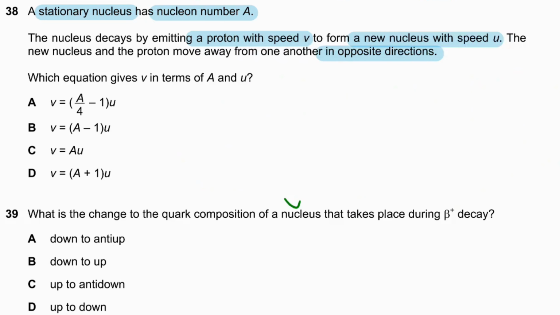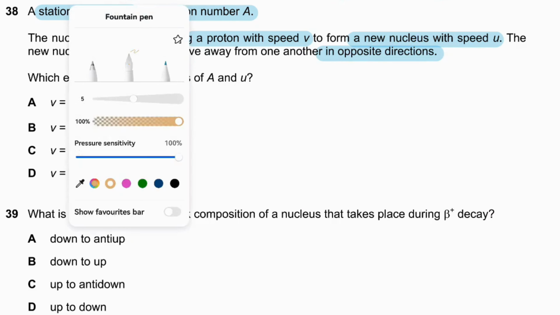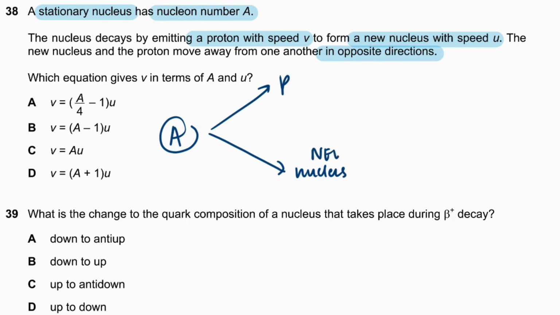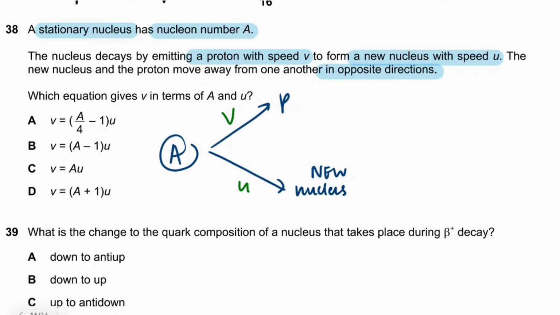So I'm just going to stick with the first diagram. This is the initial stationary nucleus, and it has a proton and a new nucleus. The proton moves with the speed of v, and the nucleus moves with the speed of u. So initial momentum is 0, because the stationary nucleus is not moving, so of course you have no speed, 0.